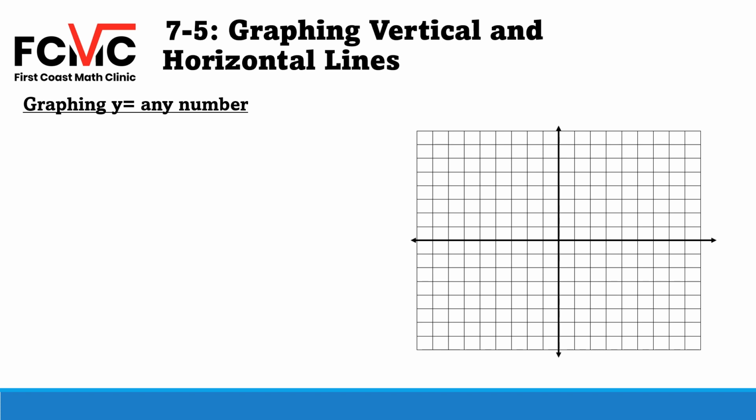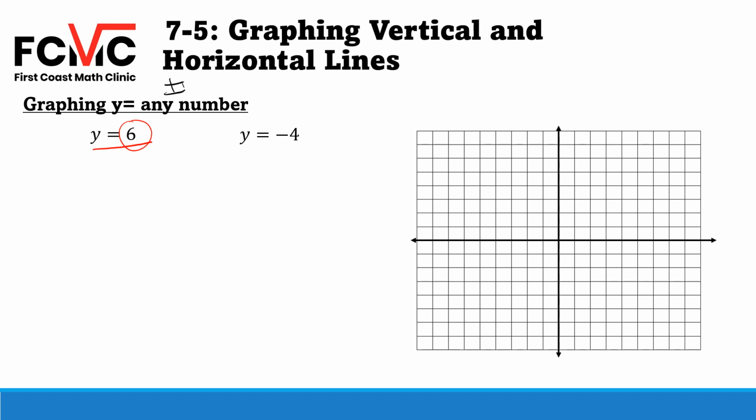So let's say we're graphing an equation which is y equals any number. Some examples would be y equals 6 or y equals -4. Let's think about the equation y equals 6. Let's find this value on our coordinate plane.